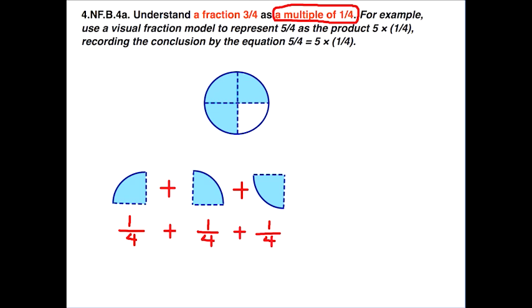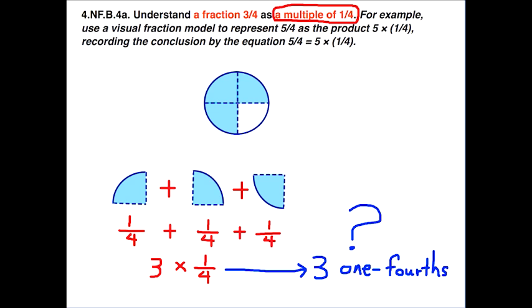Notice here that we have 1/4 plus 1/4 plus 1/4, which is simply 3 times 1/4. The reality is that we do have 3 1/4s, but that might be a little bit confusing to students. So traditionally we say 3/4, but still students need to understand that we actually do have 3 1/4s.